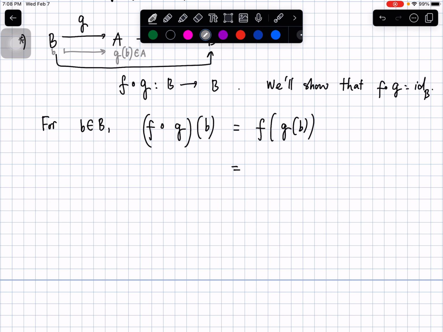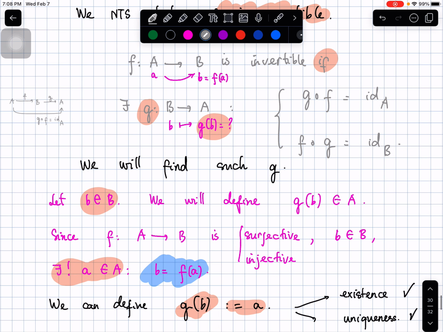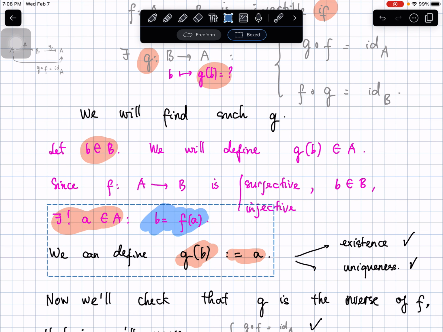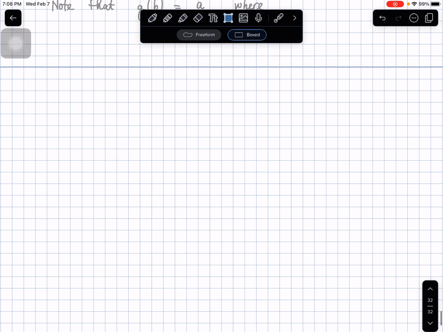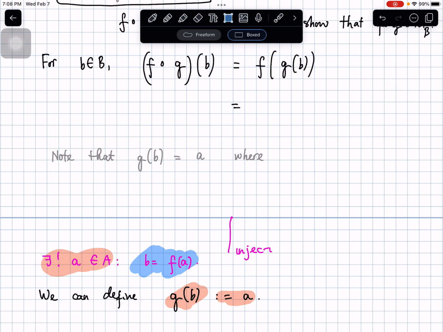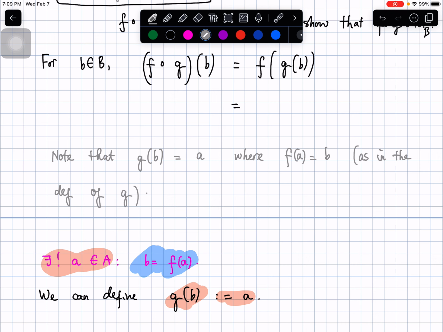So we note that g of b equals a, where f of a equals b, as in the definition of function g.